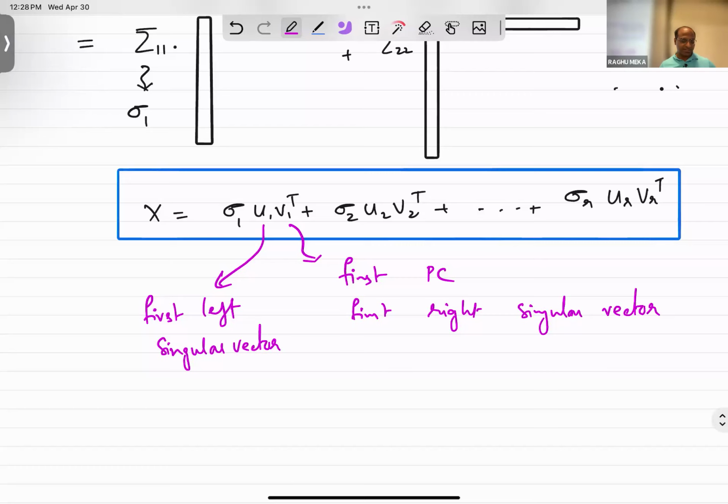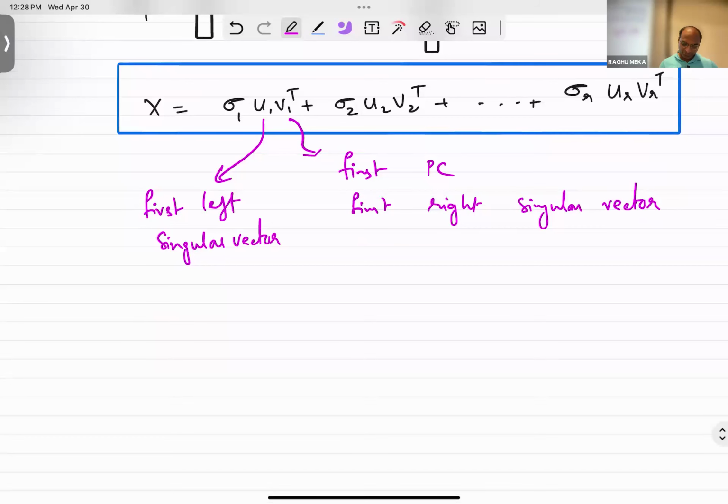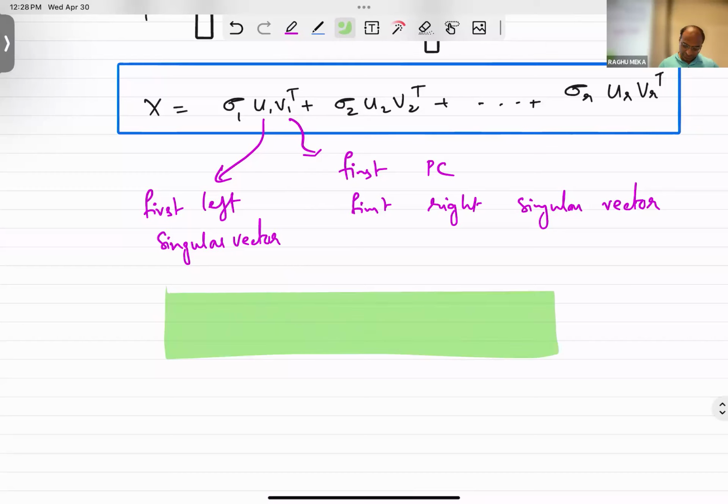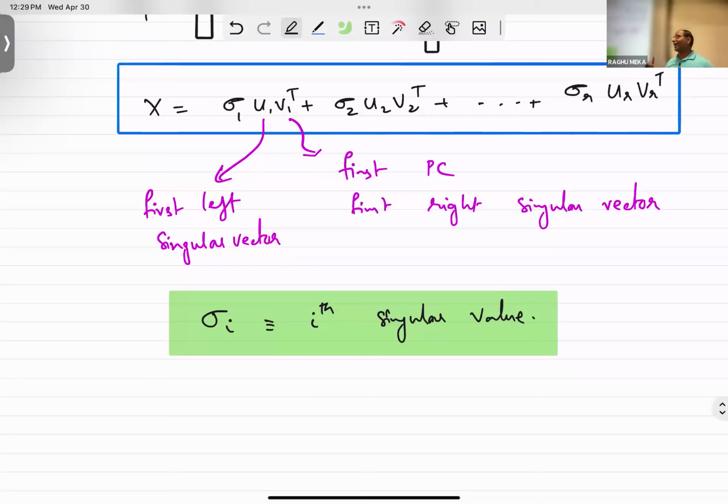So u_2 would be the second singular vector, and as notation, typically we say sigma_i equals the ith singular value. The factorization might not be unique, but the singular values are actually unique. Once you order them, the highest one is called the first singular value. You can have multiplicities, that's fine, but there's a first singular value, second singular value, third singular value, and so on.